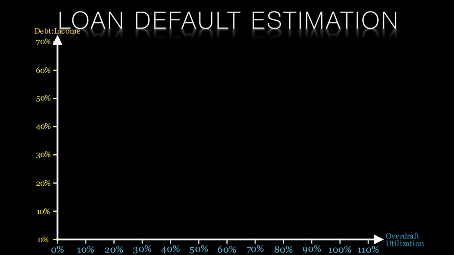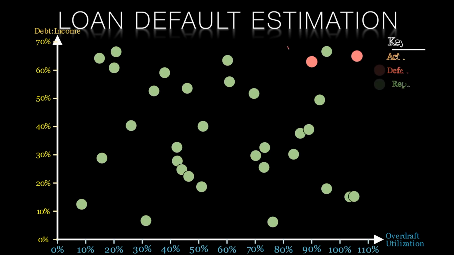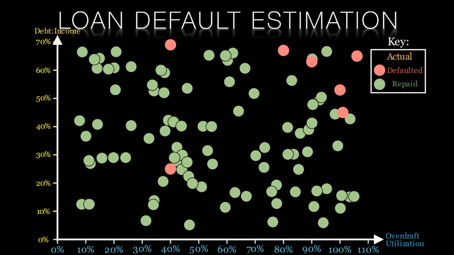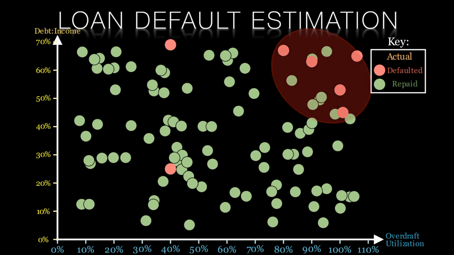We have an output of two classifications as our target, whether a borrower defaulted, shown in red, or whether they repaid, shown in green. In this dataset, we have 7 borrowers who defaulted and 93 borrowers who actually repaid. As you can see, the defaulters typically had high overdraft utilization and high debt relative to their income.